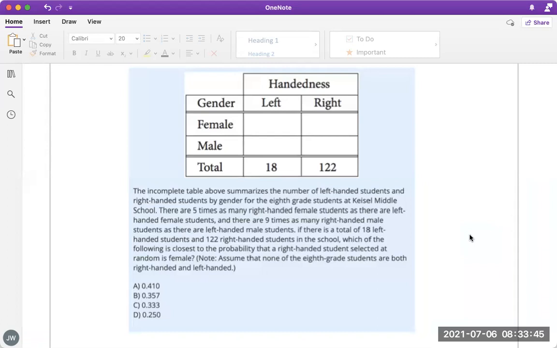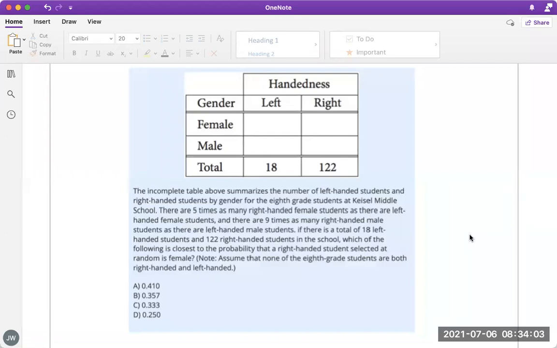That's not what's important. There are 5 times as many right-handed female students as there are left-handed female students. There are 9 times as many right-handed male students as there are left-handed male students.